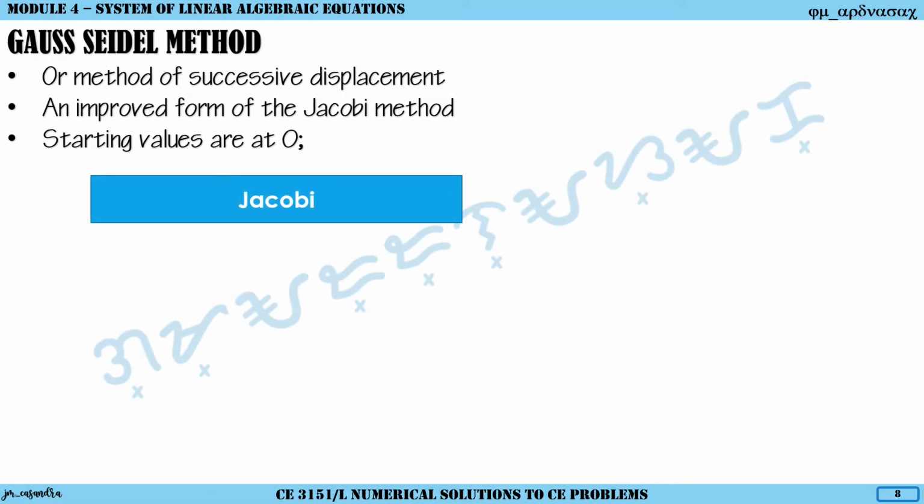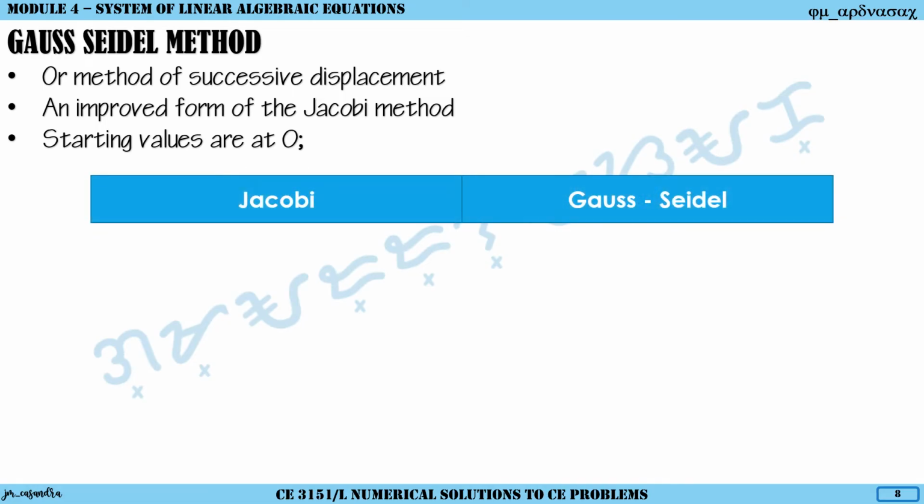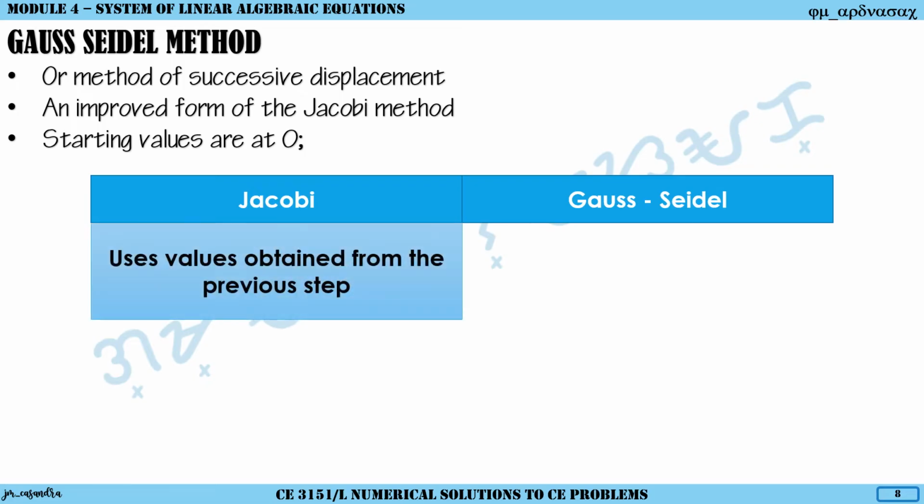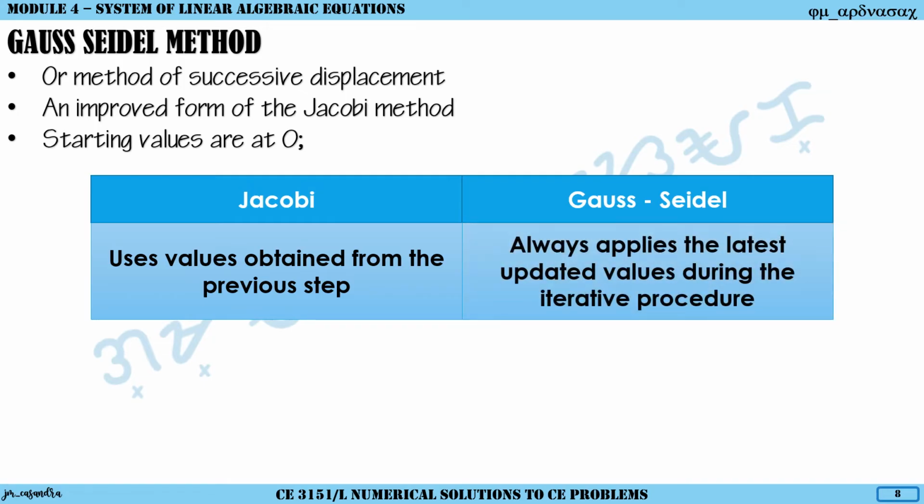The difference is that for Jacobi, in our next iterations, it uses the values obtained from the previous iteration, while for Gauss-Seidel, it applies the latest updated values of our unknowns during the iterative procedure.